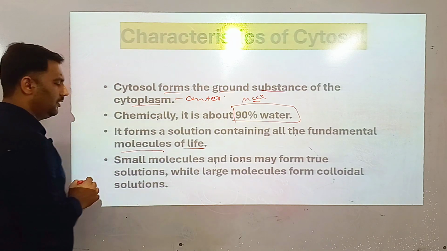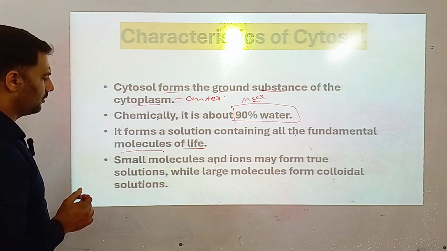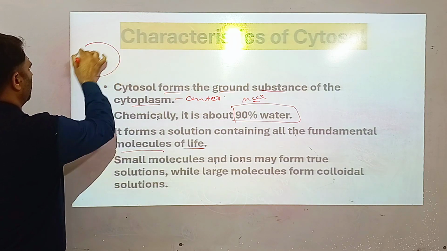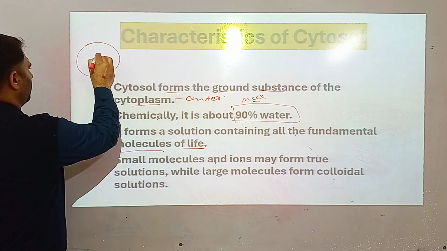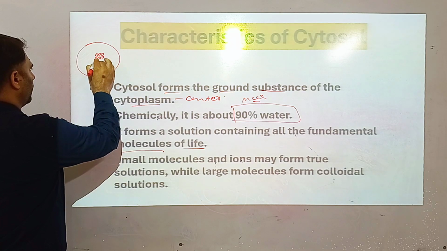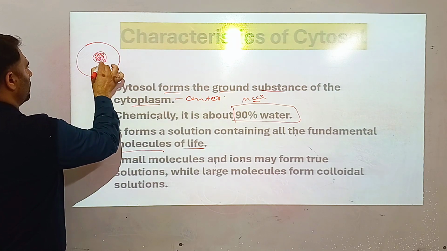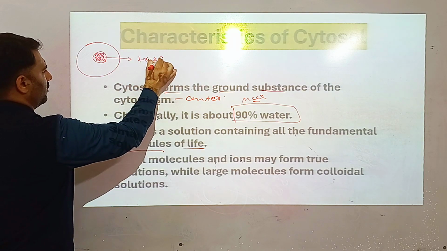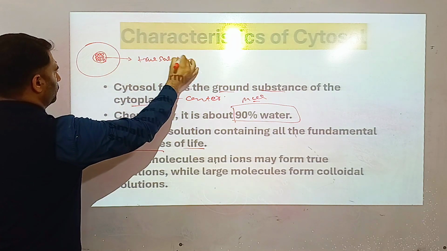There are two kinds of solutions actually. For example, there are smaller molecules, and smaller molecules combine to form a solution, and this solution is known as a true solution.